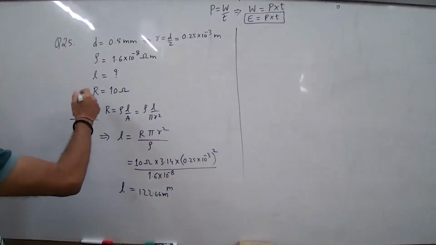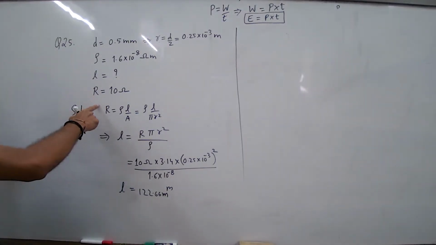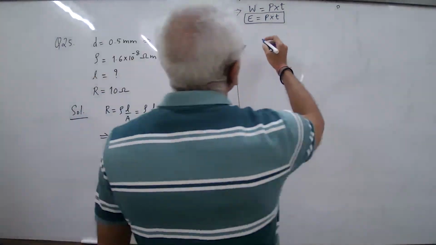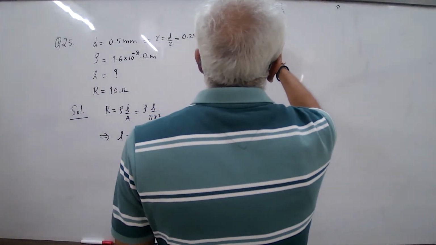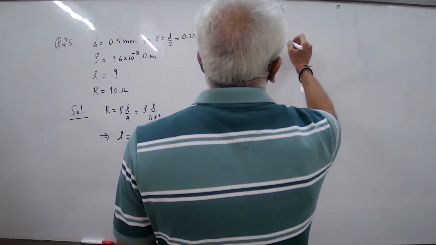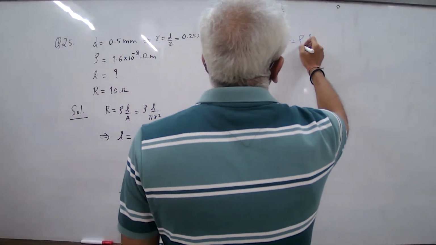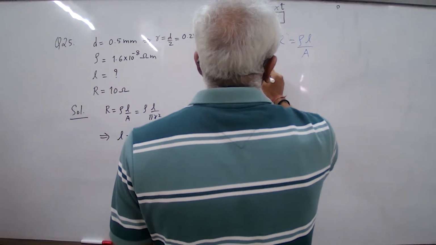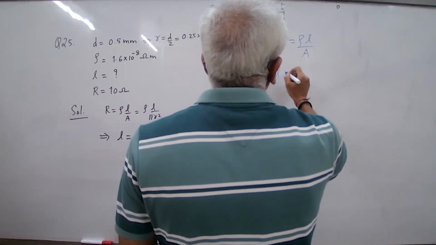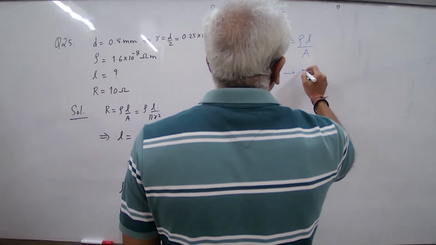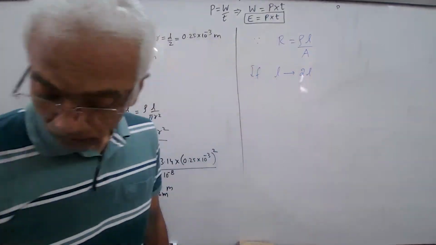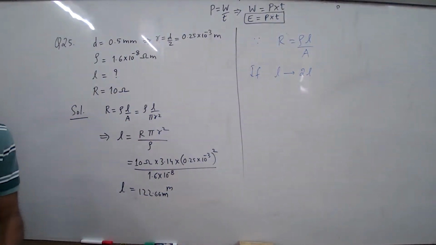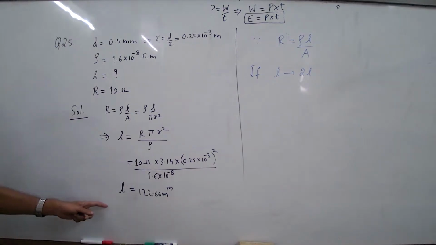The second part of the question is what happens to the resistance when the length is doubled? Since R is equal to rho L by A, if L is doubled... So what's the answer for this? 122.66.